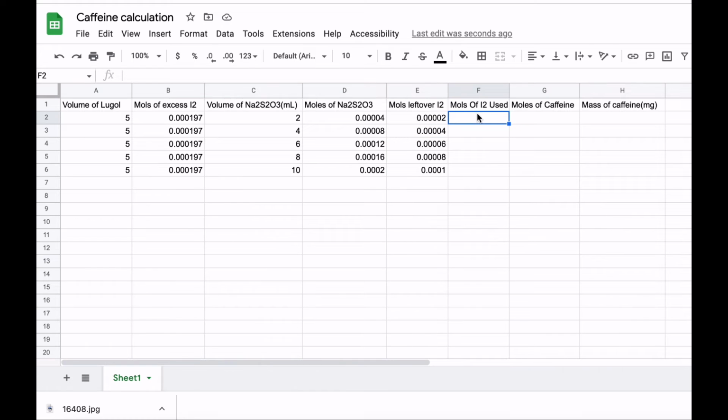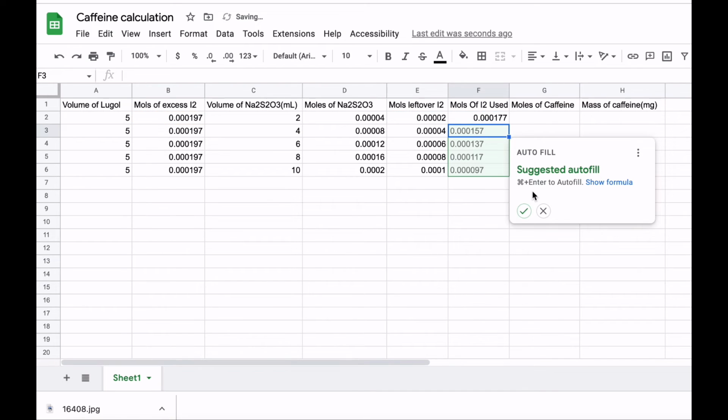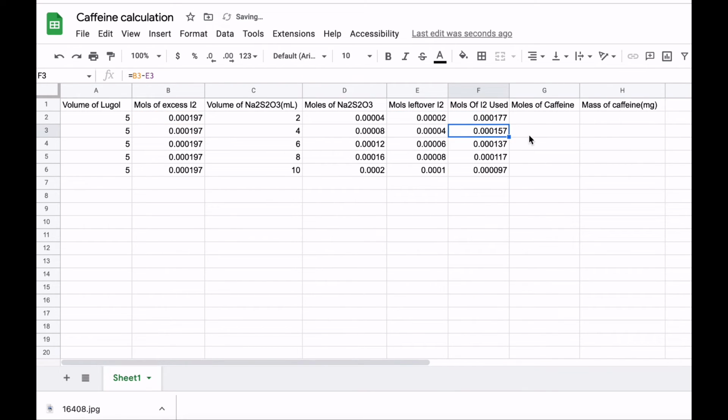After calculating the moles of leftover iodine, then we can calculate the moles of iodine that we used. So we have here this value, subtract the moles that were left over. Okay, and we enter that.